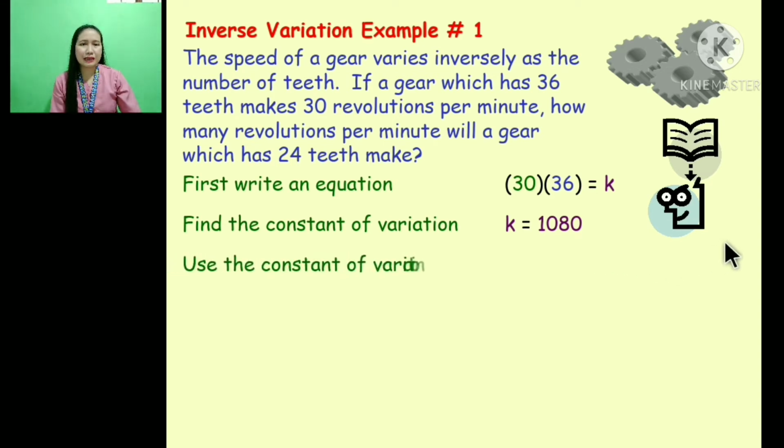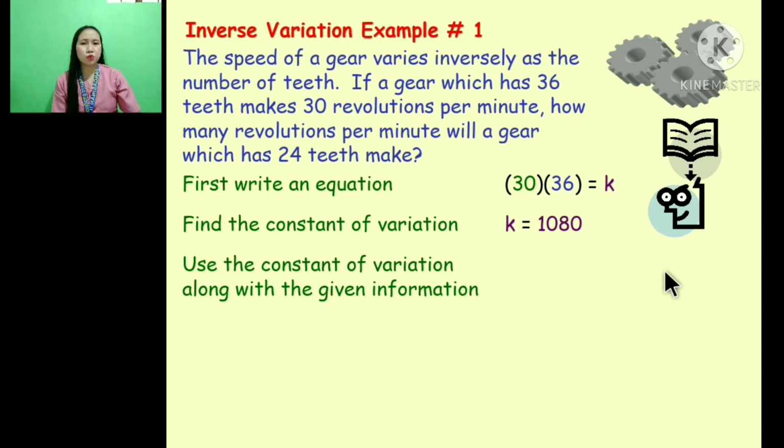So use the constant of variation along with the given information. We have again the equation for inverse variation, which is k is equal to y multiplied by x, or y is equal to k over x.